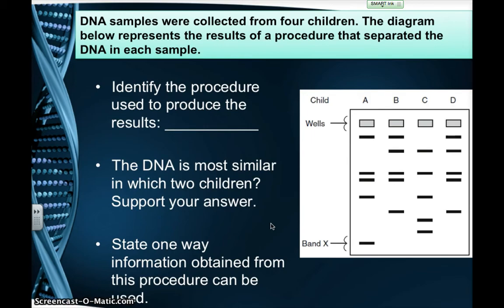The DNA is most similar in which 2 children? Support your answer. Looking at that image, figure out how similar A, B, C, and D are. Which 2 are the most similar and why? And bullet 3, state one way information obtained from this procedure can be used. Why might we want to do this procedure in the future?